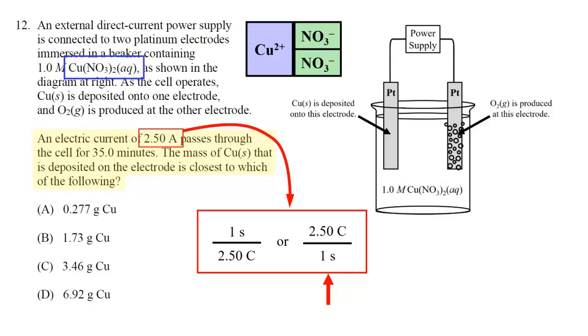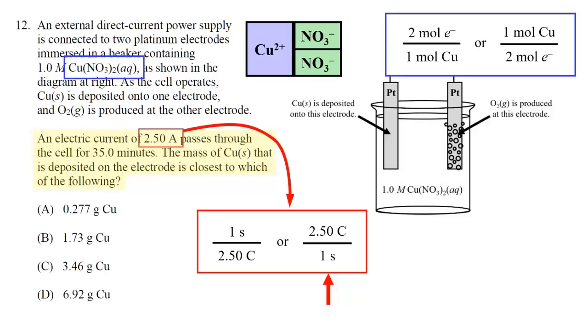How does knowing that the charge of copper is +2 help me establish the relationship between moles of electrons and moles of copper? Well, because I have a charge of 2, that would mean that copper 2+ ions would gain 2 electrons to turn into solid copper.